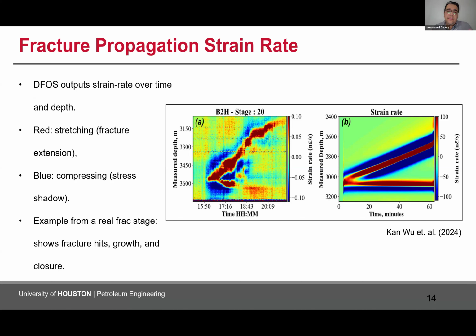It's not easy in a real field case, because our subsurface fracture propagation system is complex, but we can get frac hits, growth, or closure from this strain rate on distributed fiber optic sensing.